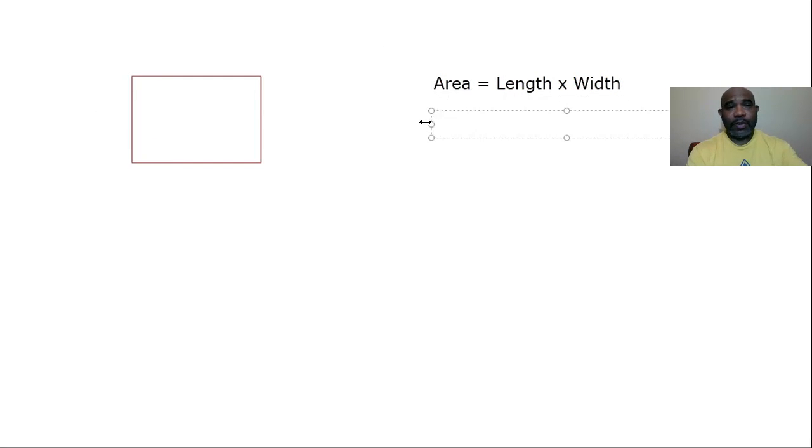A parallelogram is just a four-sided figure where both pairs of sides are equal and they are parallel. So opposite sides are equal. What does that mean? Well, let me change my colors here.